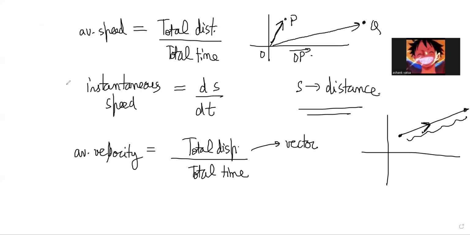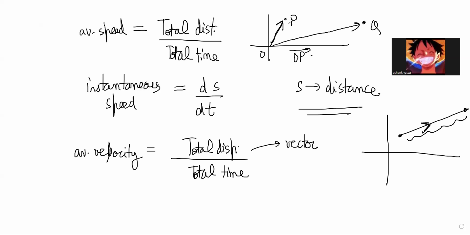No, displacement should not be OP plus OQ. Point has changed from where to where? P to Q. So displacement is PQ or is it OP plus OQ? So that's the thing. In this, it is written that AB is AO plus OB.